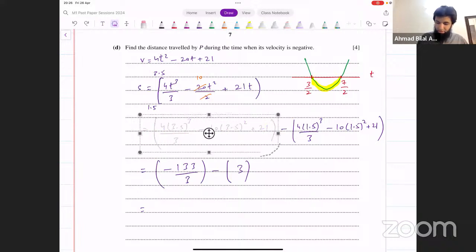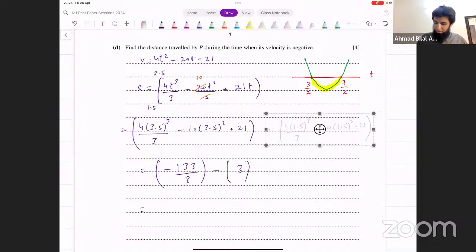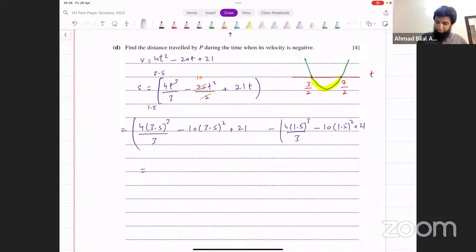So we actually end up getting another number here. This is actually 21 into 3.5. And then this is also 21 into 1.5. You have to do that calculation again.